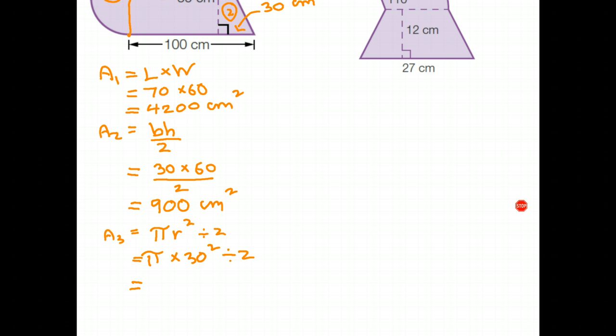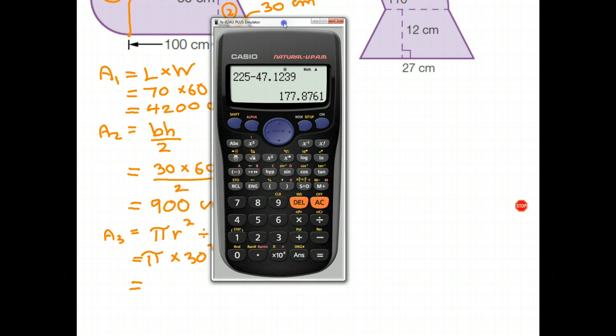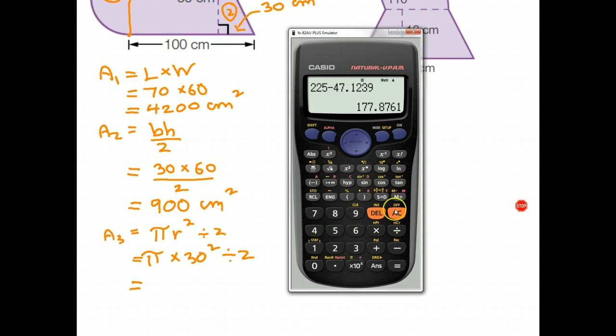Okay, let's go ahead and use our calculator for that. And clear everything off so we start fresh. I need a pi button, shift pi, multiplied by 30 squared, divided by 2.